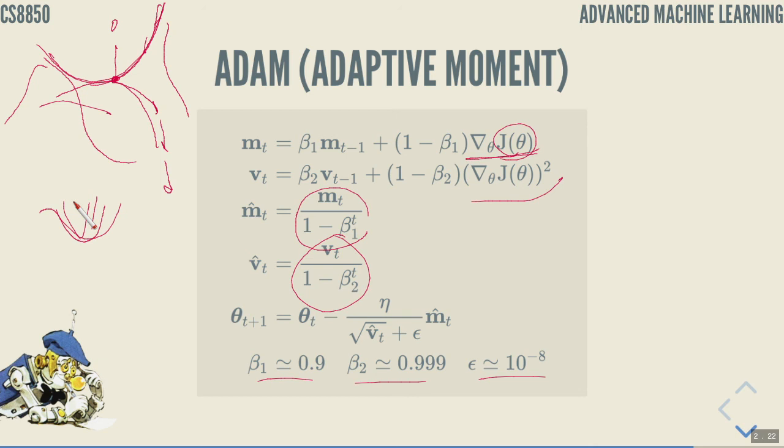But the more parameters you have, the more chances that at least one of them will be inflecting into a different direction, and that means you will more likely than not have saddle points rather than local minima.